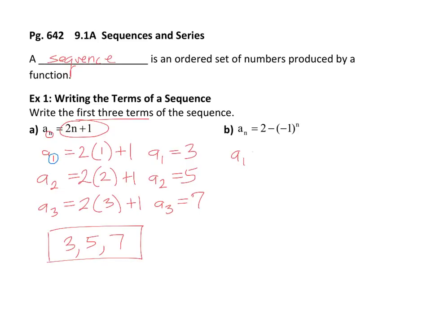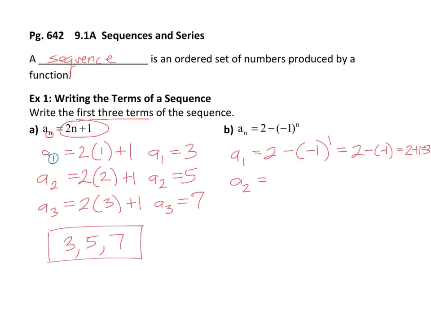The first term, so we have 2 minus negative 1 to the 1 power. So I have a sub 1, actually, that's a sub 2. I'll just work it out on the right side here. I have 2, it's going to be minus negative 1, which is 2 plus 1, which is 3.